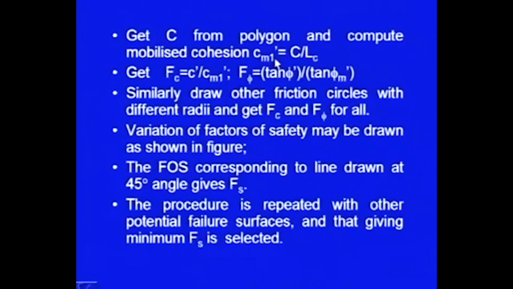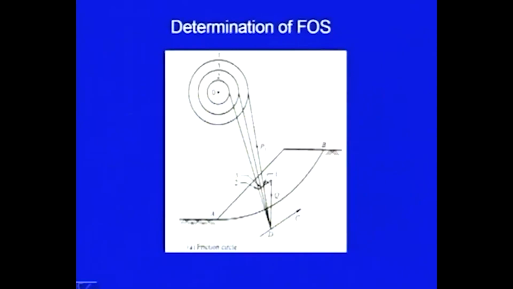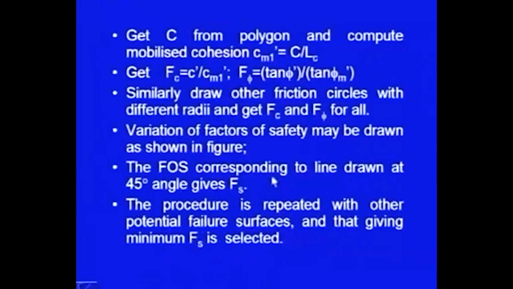Cm1 dash, where m1 stands for the first friction circle, and C is the value of the cohesion which we computed from here. C divided by Lc, the length of chord, gives you the mobilized cohesion, the cohesion which is required to keep this wedge in equilibrium.